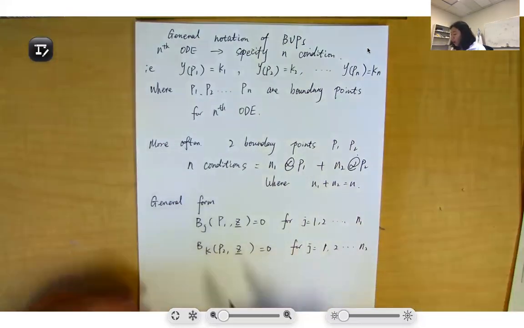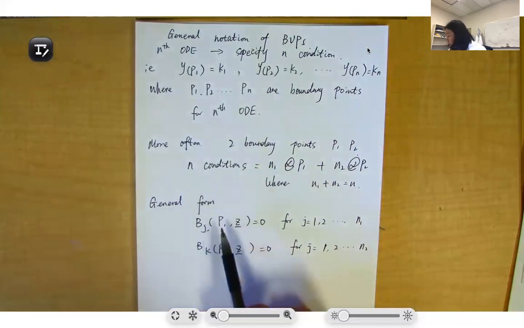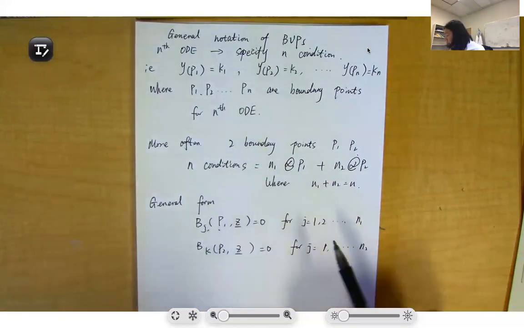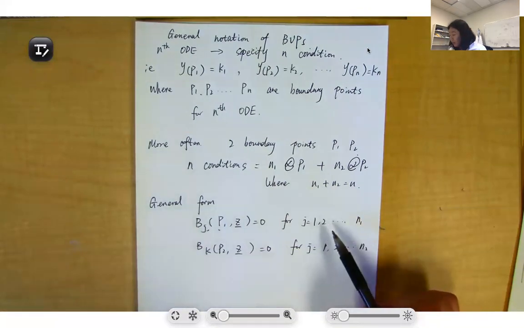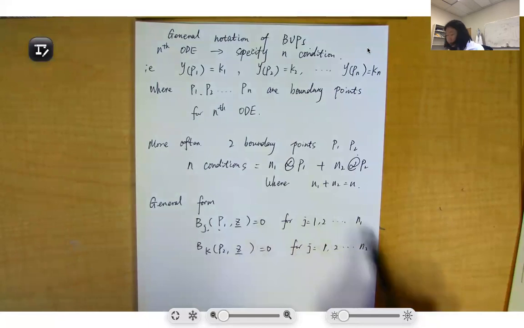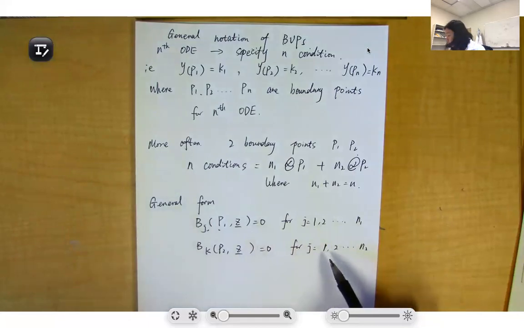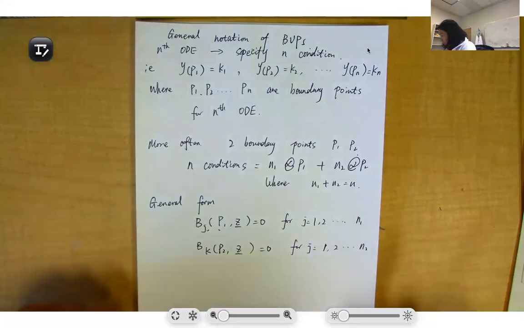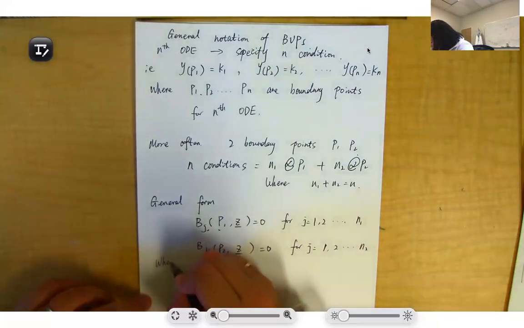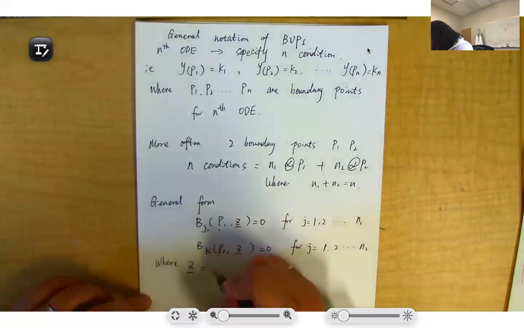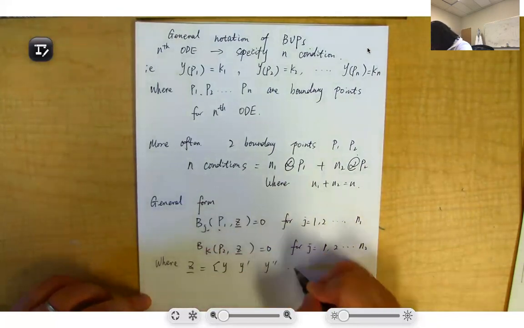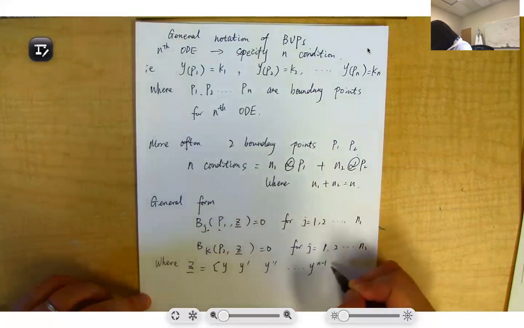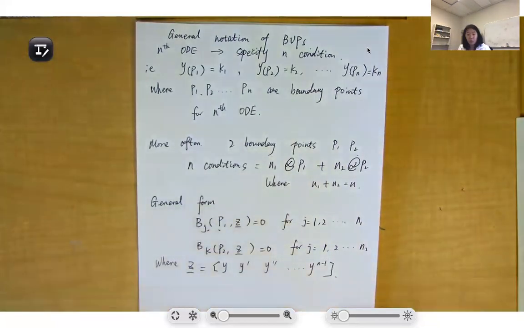So basically the boundary conditions at P1 for this ODE have these n1 conditions. Then at point 2, it has n2 conditions. In total, it should have n conditions for an nth order ODE, where z equals y, y prime, y double prime, until y to the (n minus 1) prime. Okay, that is for our ODE.